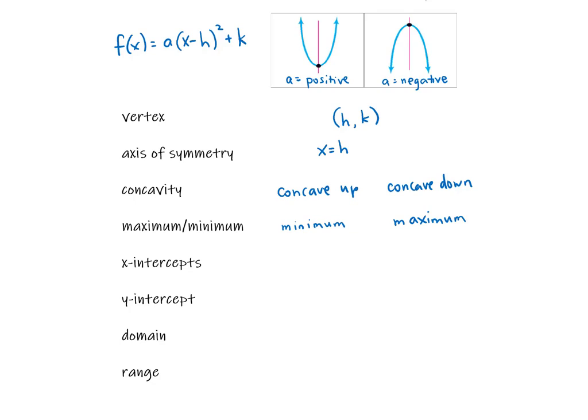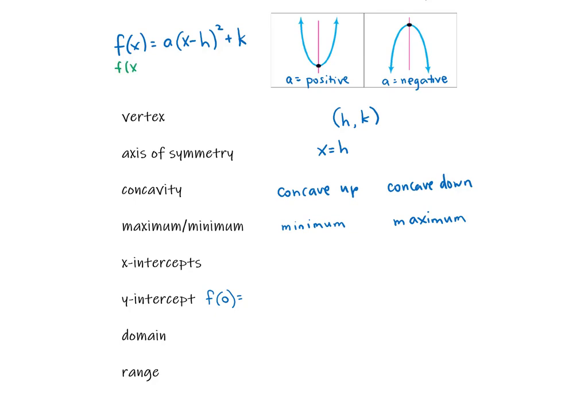Our x-intercepts cannot be found in this manner very well, so I'm going to skip that for right now. We're going to go to y-intercepts. You're going to plug in x equals 0. So don't forget that your y-intercept is when you're finding f of 0. Now, you can plug it into this equation, but if you have it in general form, let me write that over here.